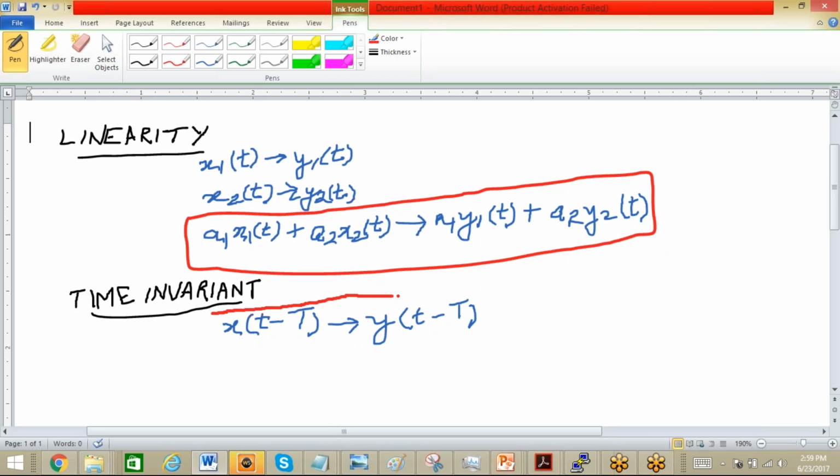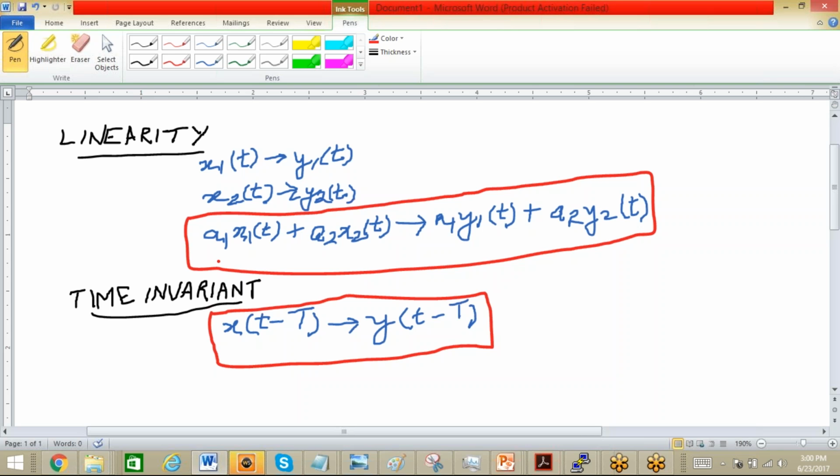The combination of the linearity concept and the time invariant concept makes a system linear time invariant. Now the fundamental result in LTI system theory is that any LTI system can be characterized entirely by a single function called the system impulse response. In our previous lectures, you might have seen the impulse signals.